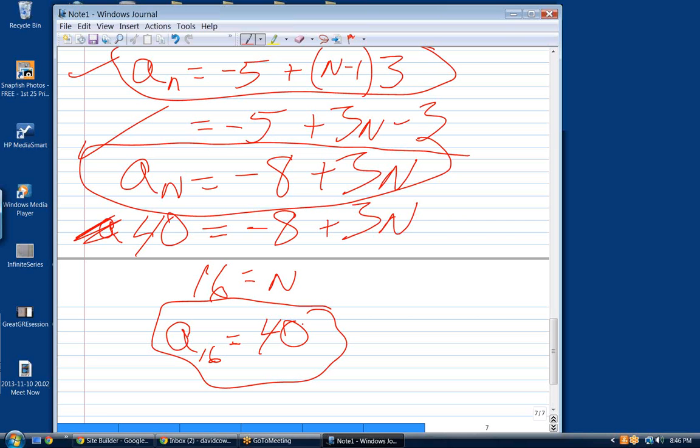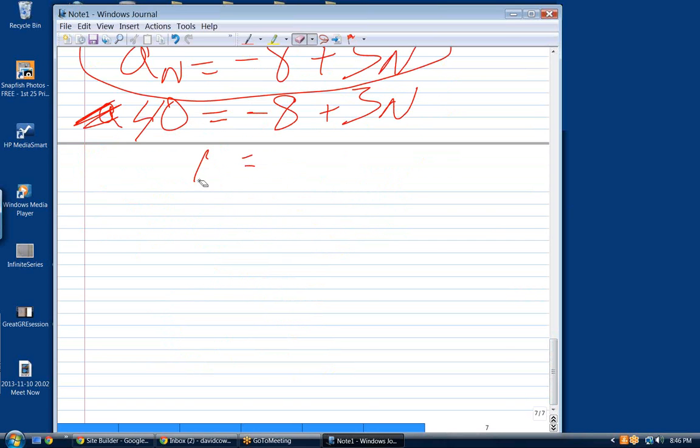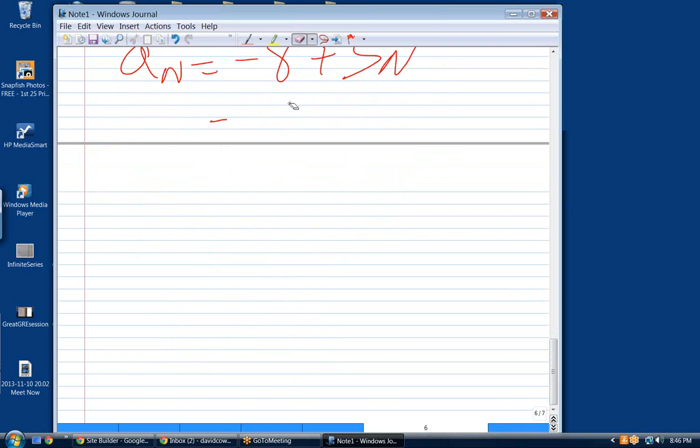I'm looking for more here. Have you had the sum of a finite arithmetic series? Let's talk about the difference between sequences and series. A sequence is a string of numbers.